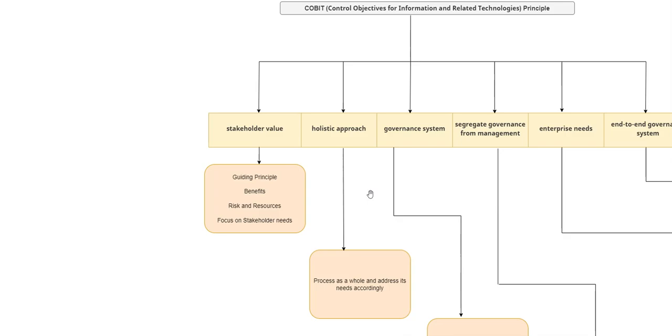Is that clear? It means all these guiding principles, benefits, risks, resources and needs of the stakeholder are included in this stakeholder guideline. So it's similar to a protocol that needs to be followed by organizations.